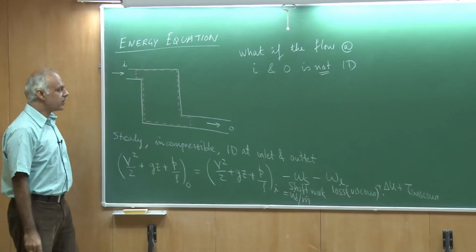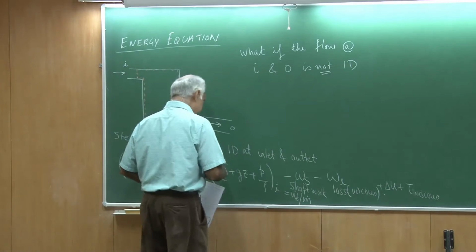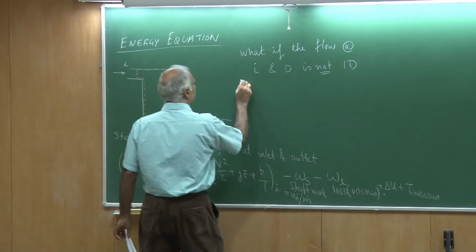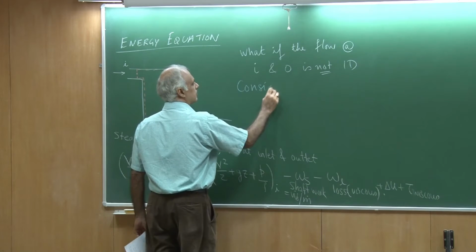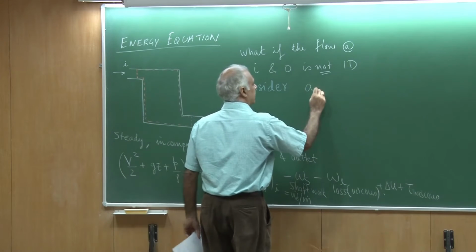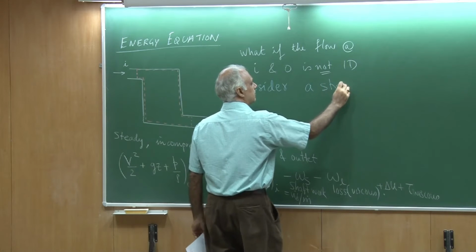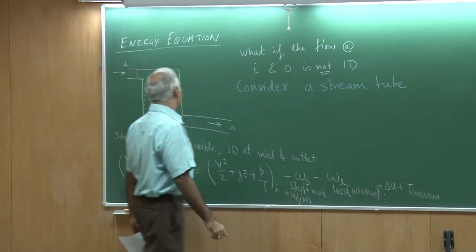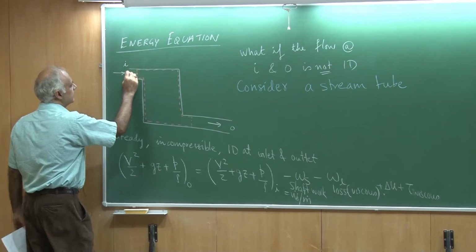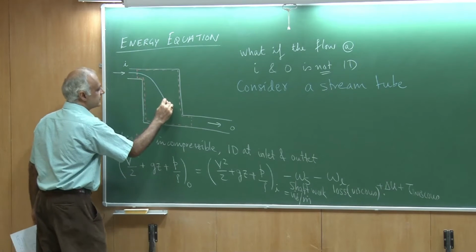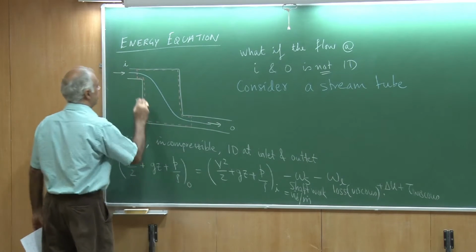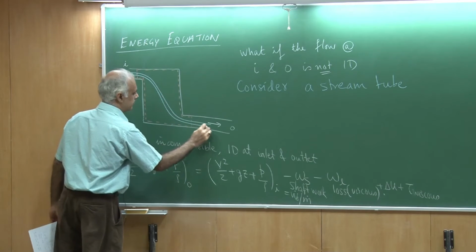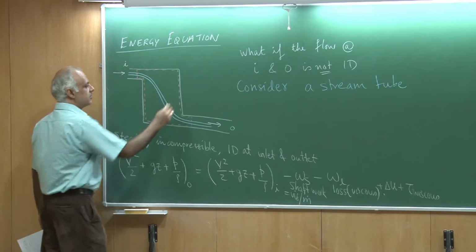So, what we resort to is we are going to consider a stream tube. Let us track a stream tube here. It may go something like this. This is a stream tube.